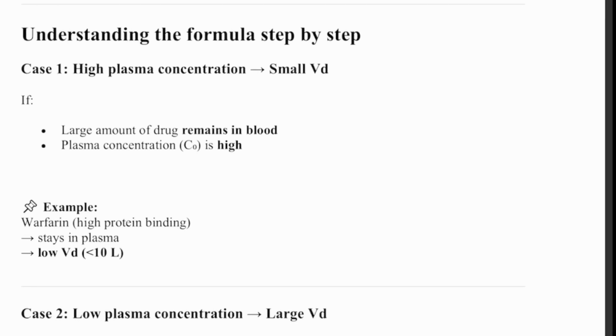So now take an example, high plasma concentration, small volume of distribution. For example, warfarin. It has got a high protein binding.